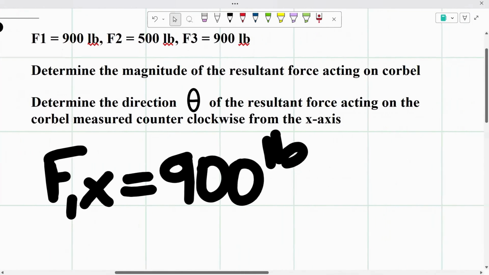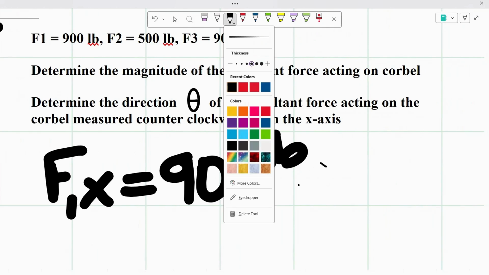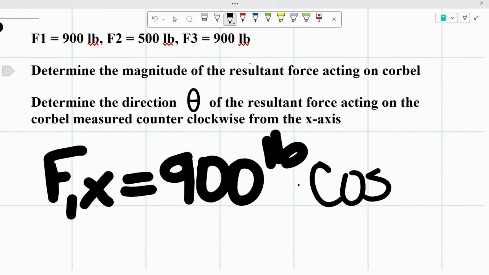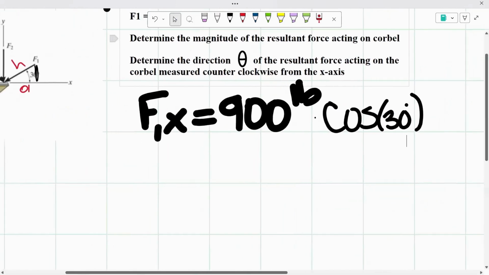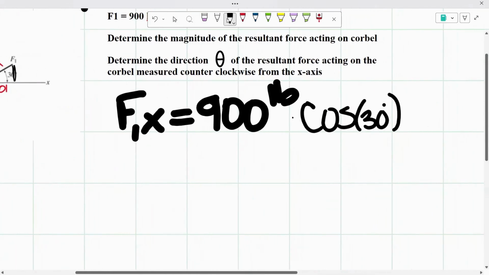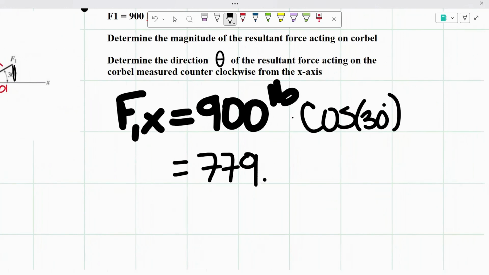So we're going to do 900 pounds times the cosine of 30. And then we plug that into the calculator. And once again, make sure that your calculator is in degrees and not in radians. And that should give us 779.4 pounds.